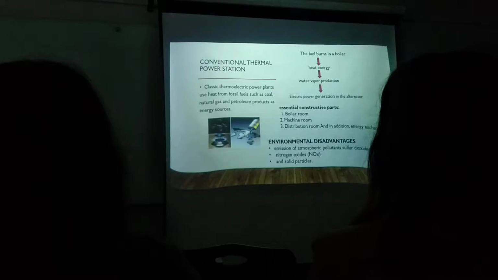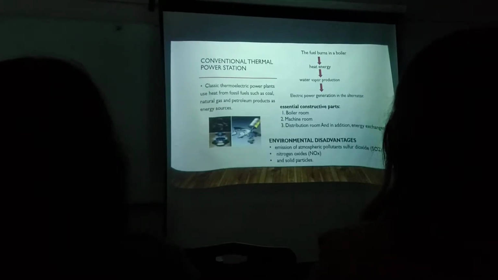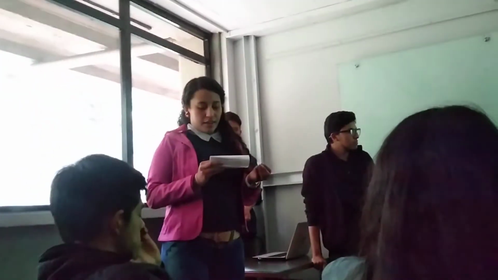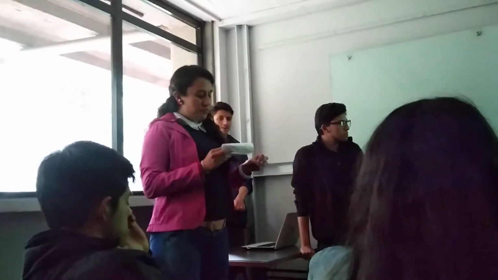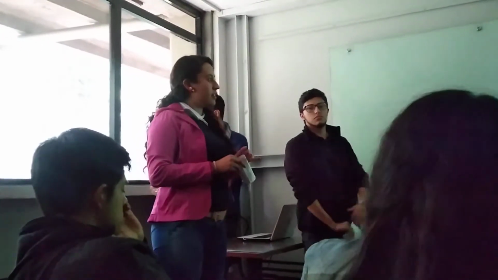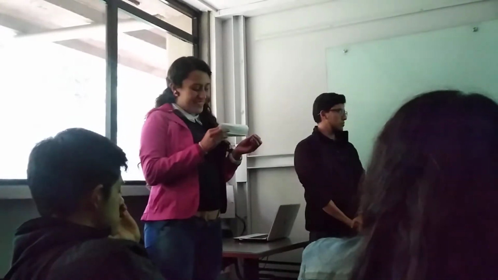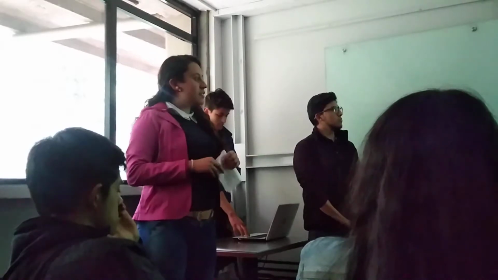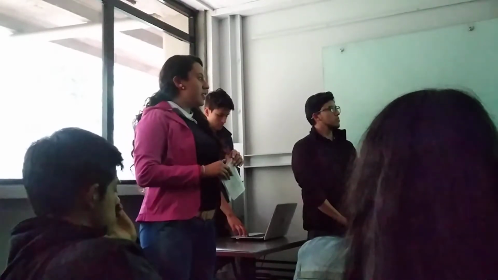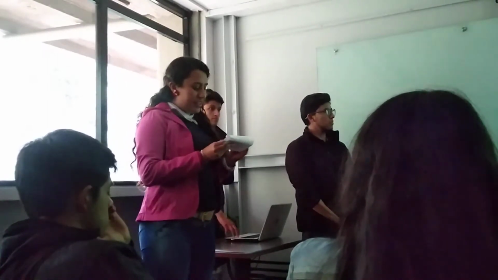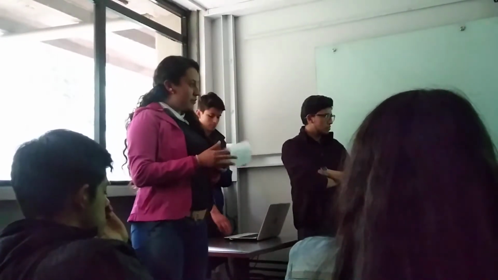The fuel is burned in a boiler generating heat energy that is used in a process which drives the turbine generator, producing mechanical energy, and finally generates electrical energy in the alternator. The essential parts are a boiler room, machine room, and distribution room, and in addition the energy exchangers.